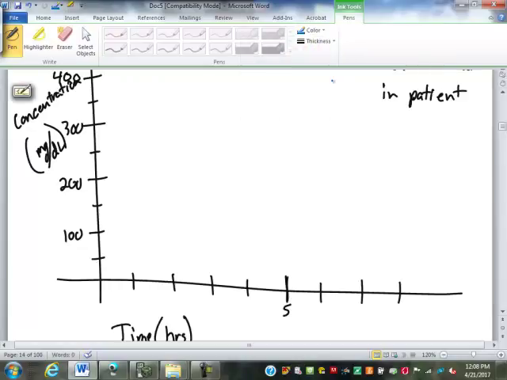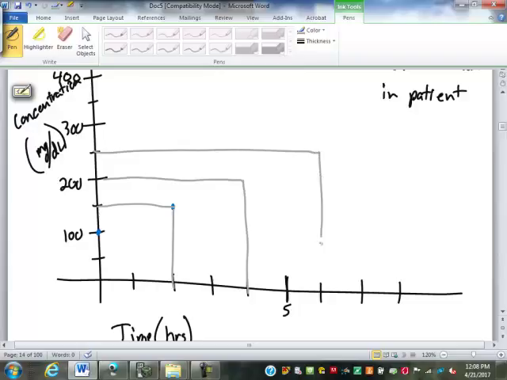And we're going to be given this. I'm just going to draw in some little guidelines to help us trace this, because my drawing isn't necessarily wonderful. So we're given that the concentration is graphed like that.